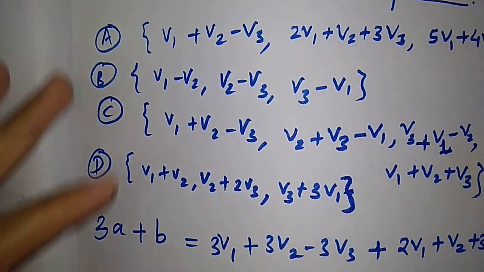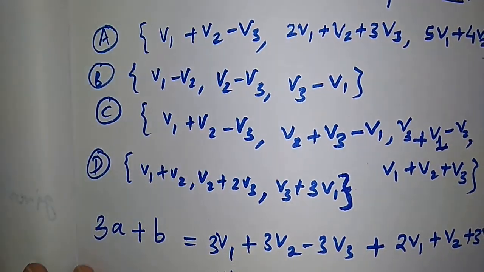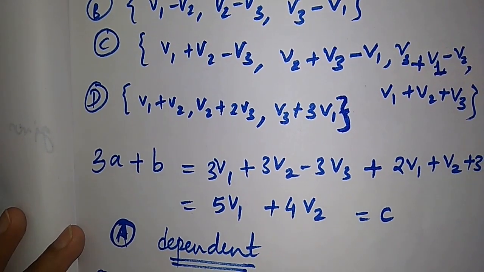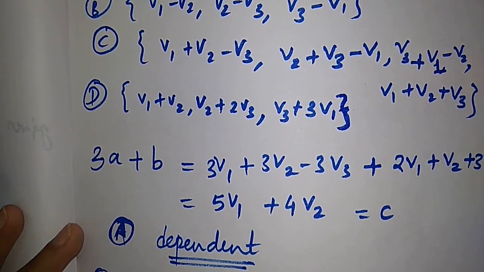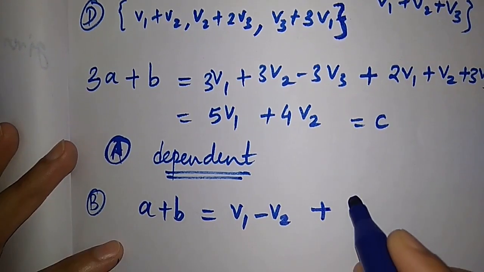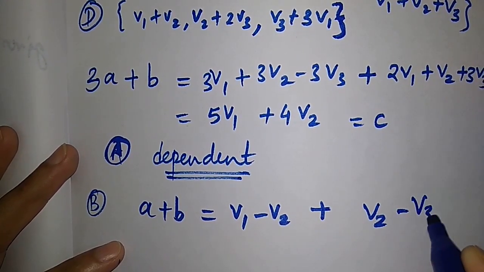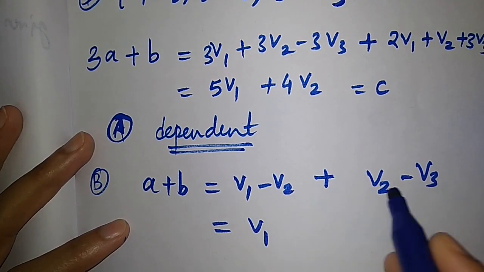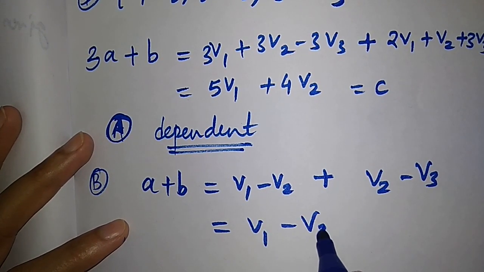Call this A, B, C. Just take A plus B, which is V1 minus V2 plus V2 minus V3, which is the same as V1 minus V2 plus V2 is 0, and this is minus V3.